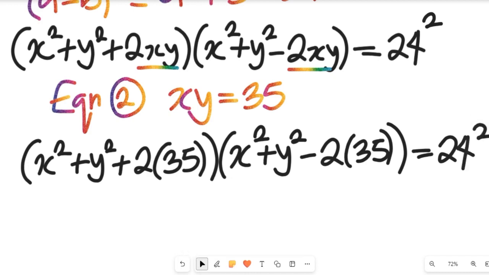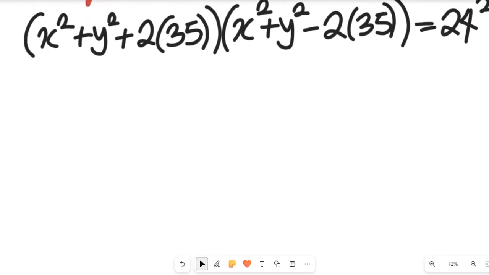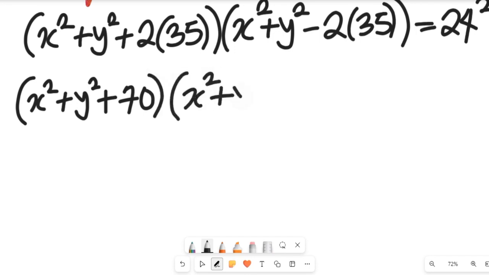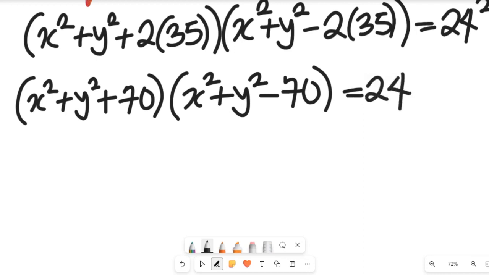Let's simplify this further. That will give us x squared plus y squared plus 70, multiplied by x squared plus y squared minus 70, equal to 24 squared.